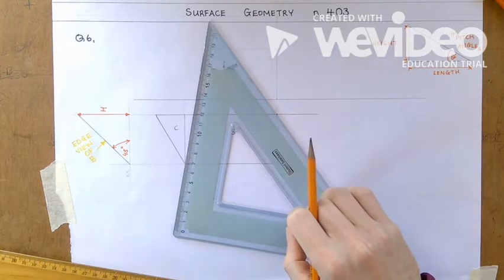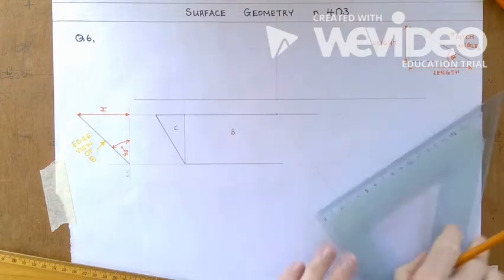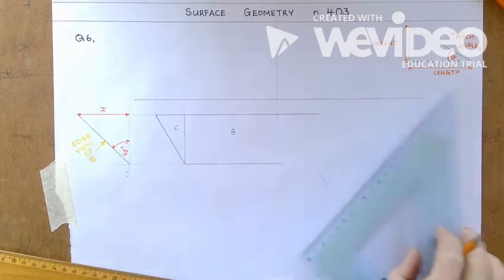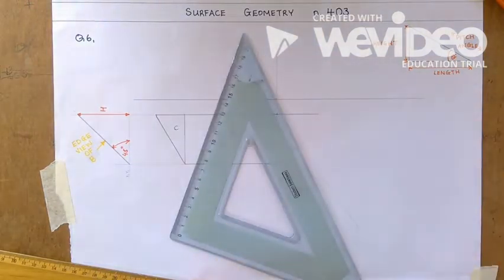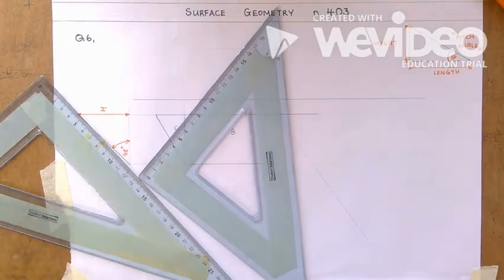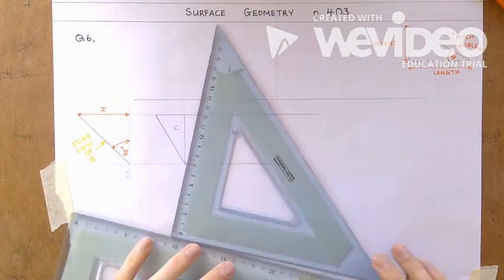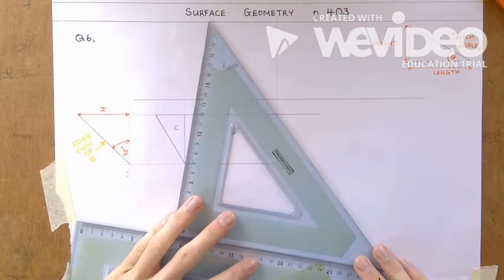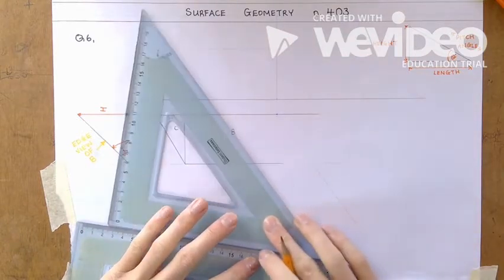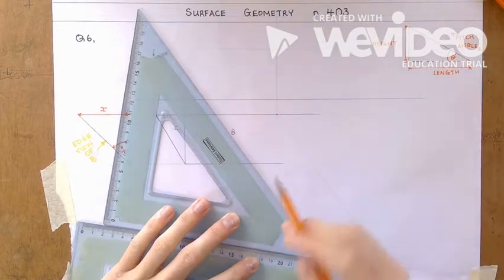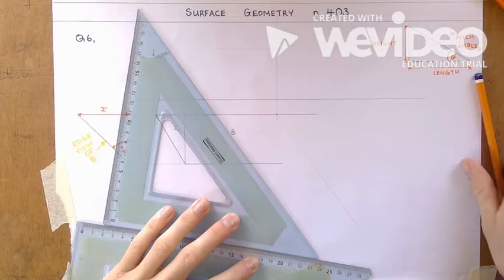I know that the width of A is 5 meters. Using sliding set squares, slide that over.